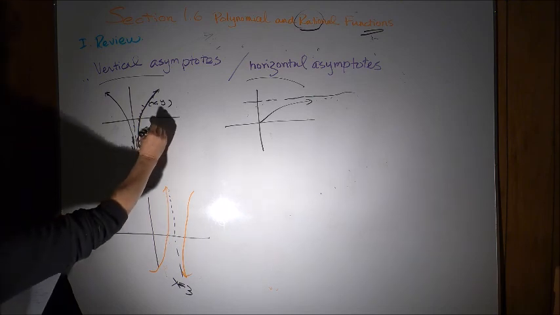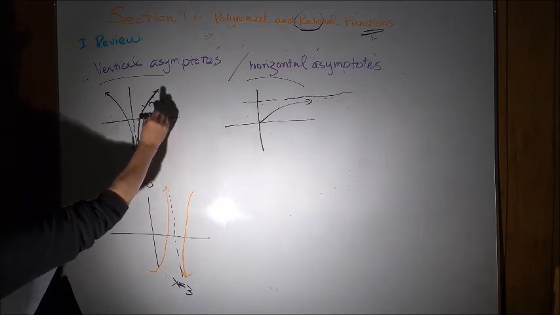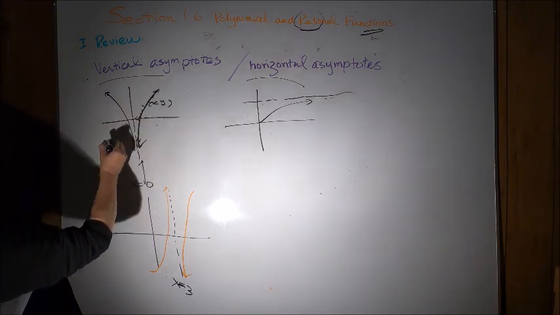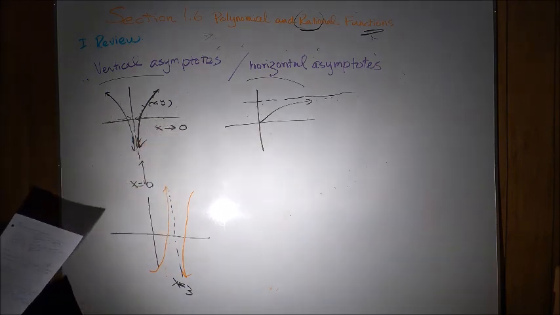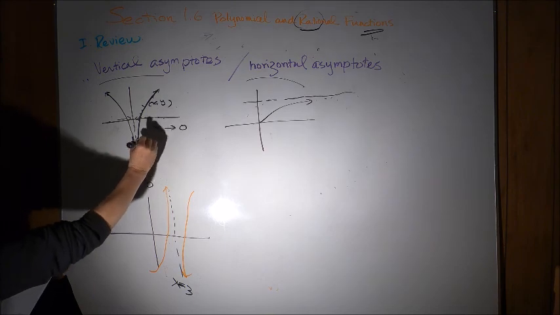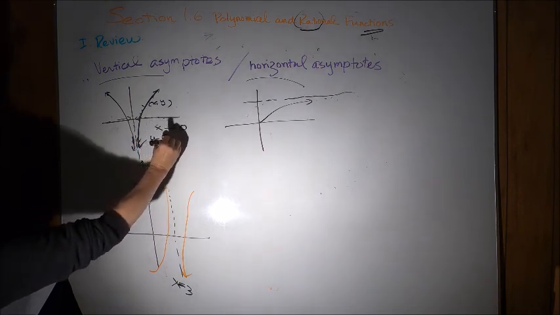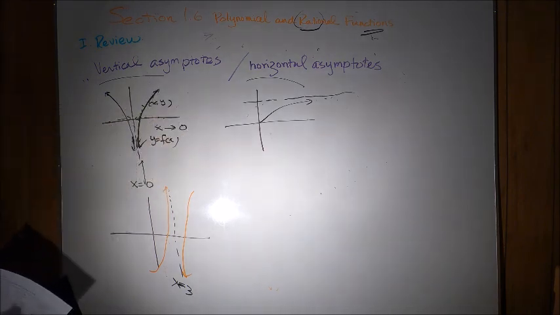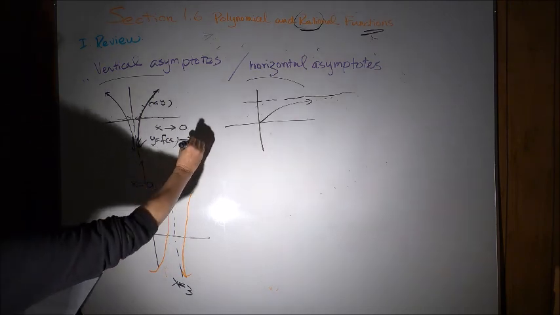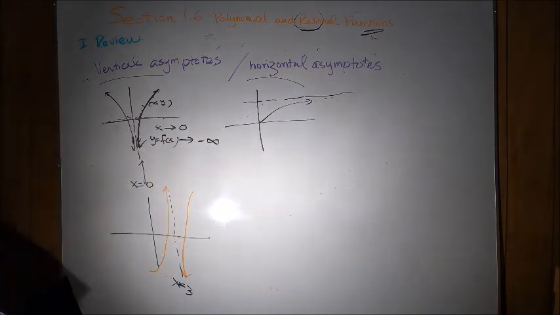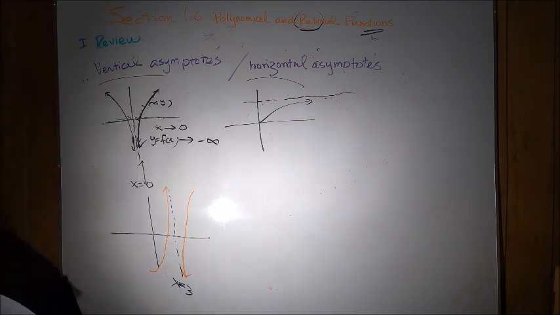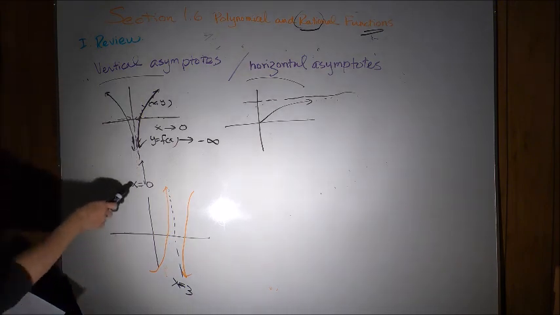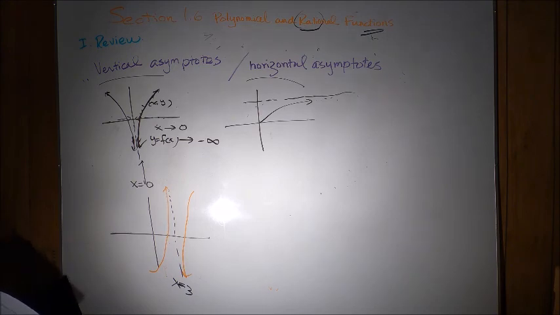For this one, when x approaches 0, what happened to the y? Y is our f of x. The value of the line will approach negative infinity, never touching this line. So it's bounded by this line. That's called a vertical asymptote.